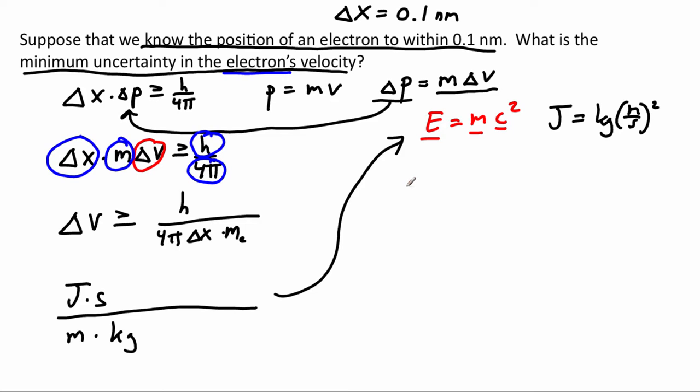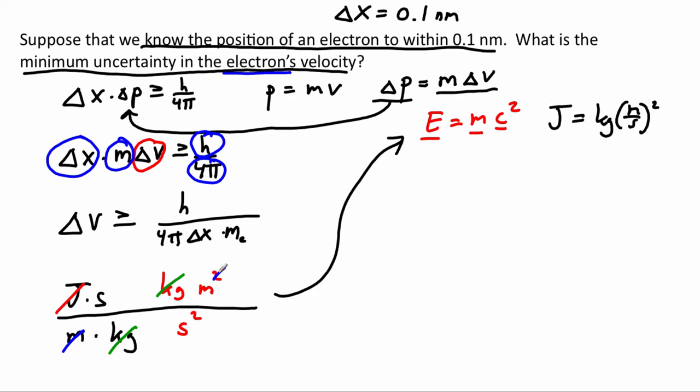So we could just do it in the same place we had the original problem. We're going to replace this joule with what we said a joule was, which is a kilogram meters squared per second squared. And at that point we look to see if there's things we can cancel, and we see that we can cancel a kilogram with a kilogram. We could cancel this meter with one of those meters.